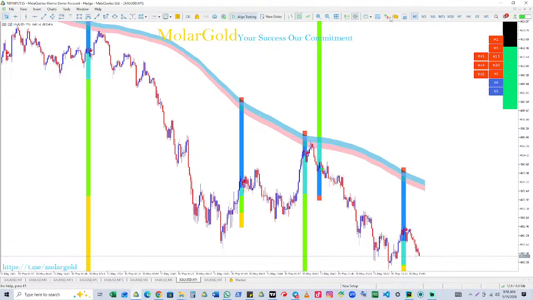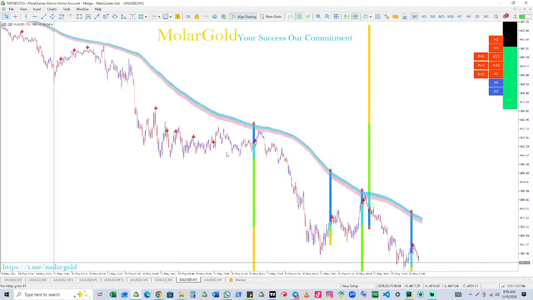In the MolarGold zones, the core principle of the indicator does not change. The signal strength does not change. So when the signal strength is 4 against 3, it means that you can trade in both directions of the arrows. But be careful. If the arrow is under here for a sell, it is correct.